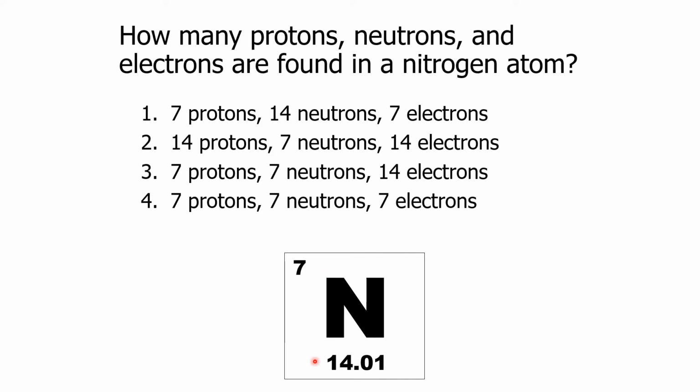I want to figure out now how many neutrons it has, so I'm going to look at the bottom number, which is my atomic mass, the number of protons plus neutrons.